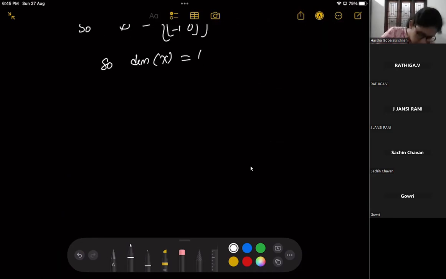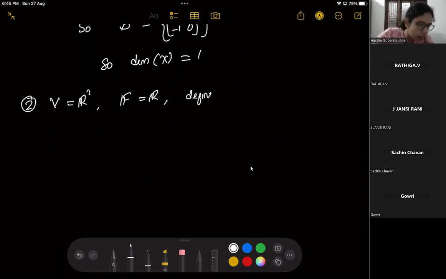The question is V equal to R2. The vector space is given as R2 and it is over the field R. The vector addition, usually we define as the usual addition.